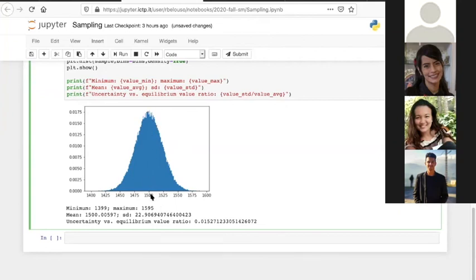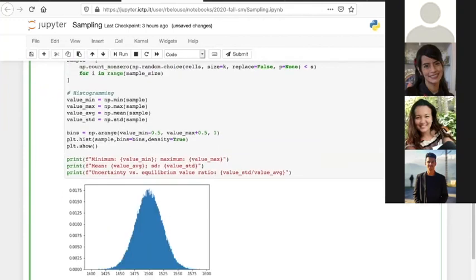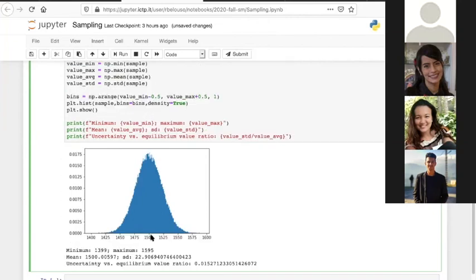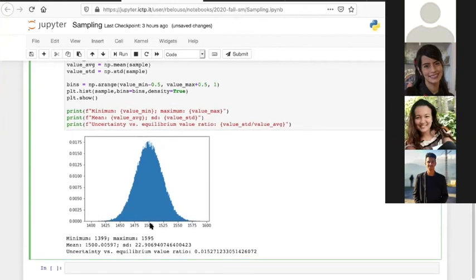So in terms of equilibrium thermodynamics, out of 3,000 units of energy, 1,500 will be in the subsystem of interest, and this will be the most likely value. And sometimes you could observe values which are very close. How much?